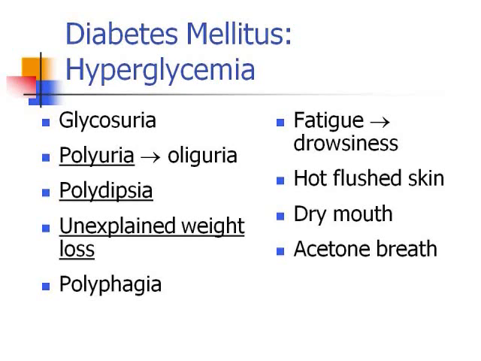We have hot flushed skin, dry mouth, and acetone breath. Acetone breath is later in the process as we're breaking down more and more fats, getting into a state of ketosis. You'll see on this slide I have a few things that are underlined, the polyuria, polydipsia, and unexplained weight loss. Those are the classic signs and symptoms that get people to come to the doctor or come to their primary care provider to say, hey, something's wrong.